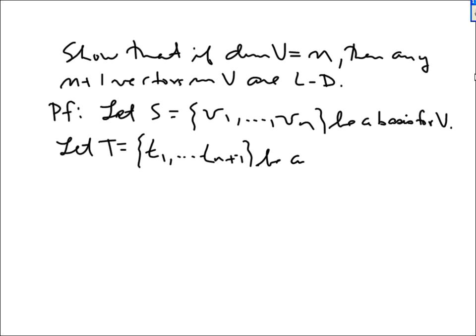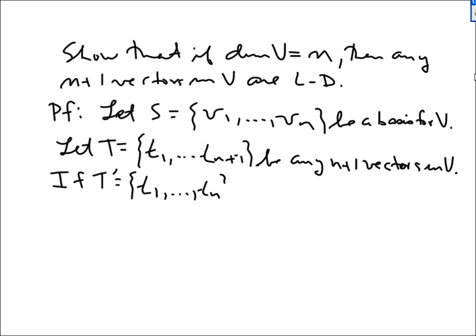Let this be any n plus 1 vectors in V. If T prime, which is T1 through Tn, is linearly independent, then T prime is a basis for V.